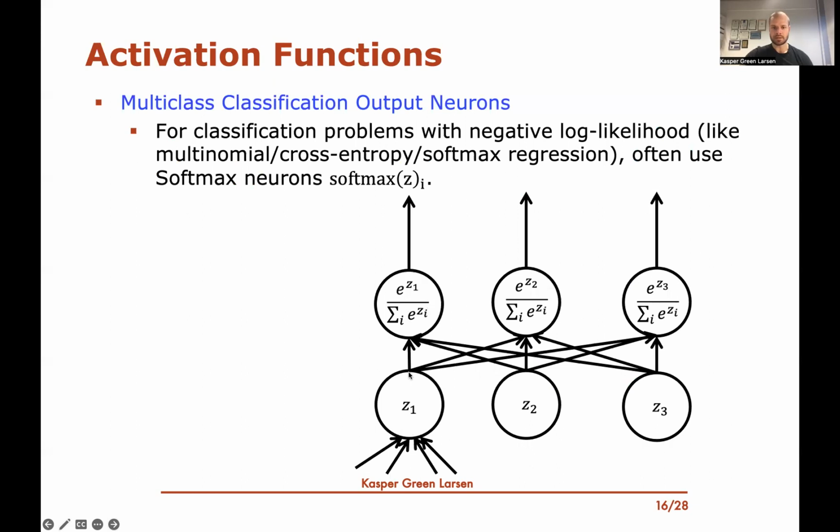You take E and raise it to this value, divided by the sum of E raised to each of these zi's in the layer below. Right, so this is just a recap of what we saw. This is what a softmax layer looks like. We take the vector of outputs in the previous layer, and for every entry, E to that entry, divided by the sum of the E raised to the entries, just to make it a probability distribution. And everything is going to be non-negative because the exponential function is non-negative.